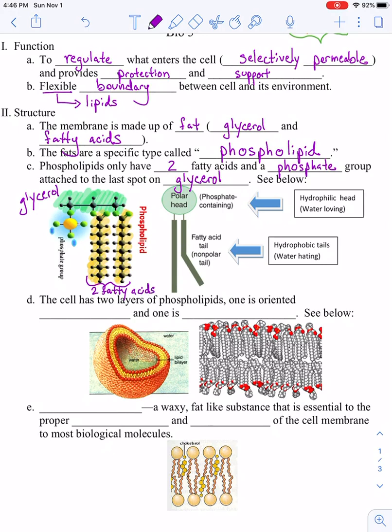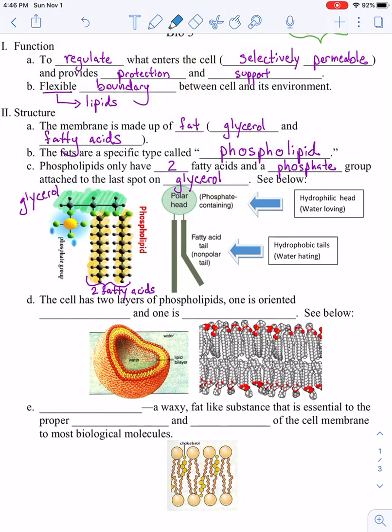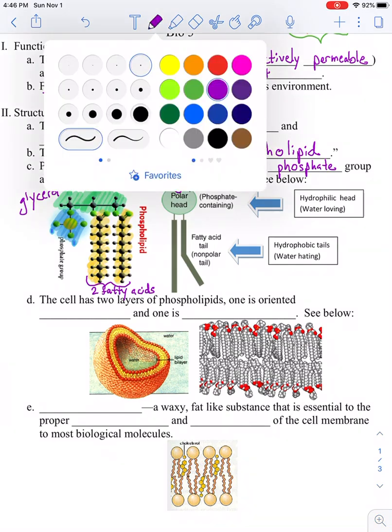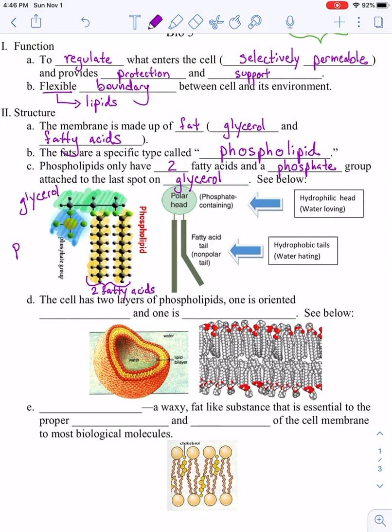But what was a 3rd fatty acid is now a phosphate group. And phosphate has a chemical composition of P, which is phosphorus, and 4 oxygen. So whenever you see PO4, you know that's phosphate. 1 phosphorus and 4 oxygen.